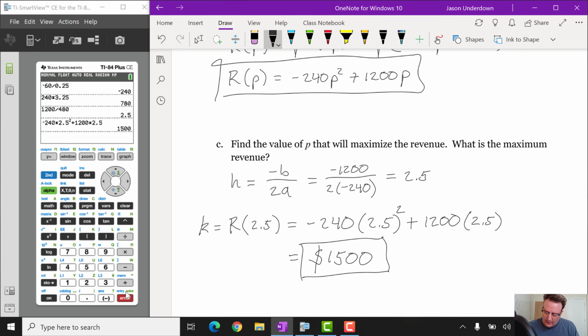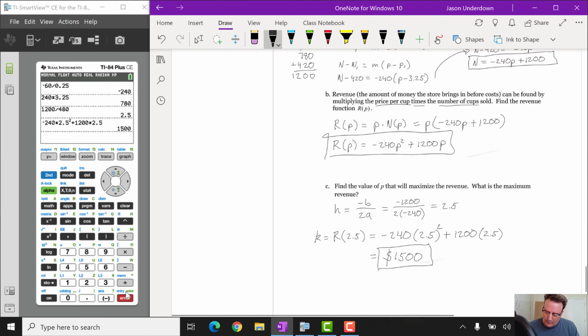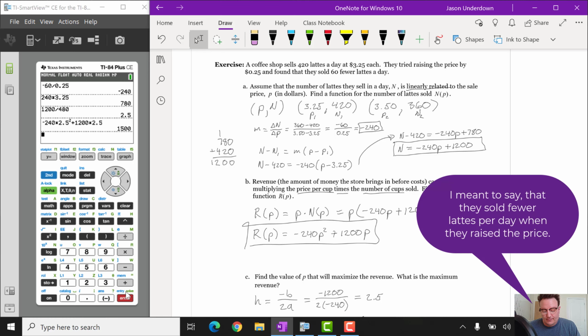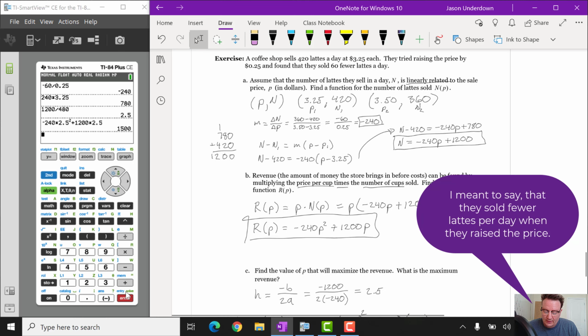from lattes. Let's see. Yeah, so they were selling lattes for $3.25 each. And they found that they sold fewer lattes every day if they lowered the price. But they're not lowering the price too much here, are they?